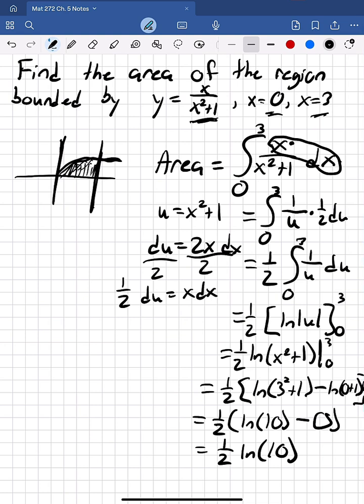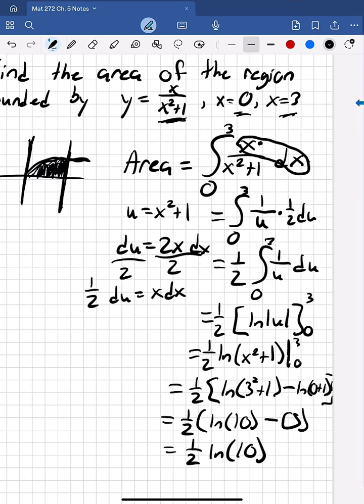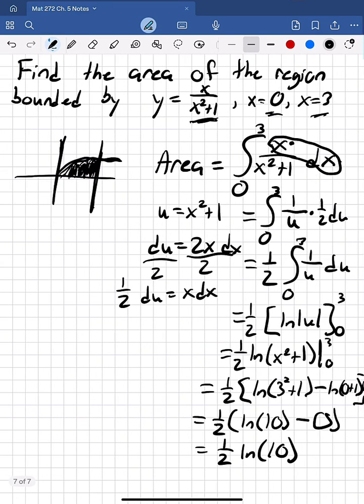So that would be the area that is bounded under this curve from the drawing. Okay, so that's how we can use integration with logs to formulate an area.